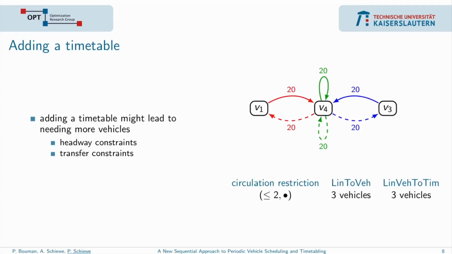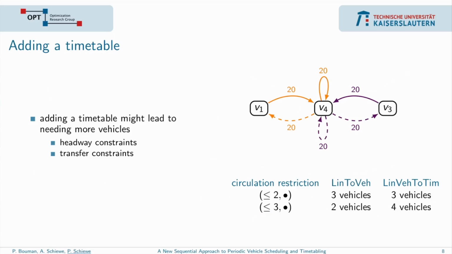And here we can see that if we allow circulations of at most 2 different trips, we get that we need 3 vehicles in the vehicle scheduling stage and can actually find a timetable such that this solution also needs 3 vehicles in the timetabling stage. However, when we allow circulations of up to 3 trips, we find two circulations such that only 2 vehicles are needed.